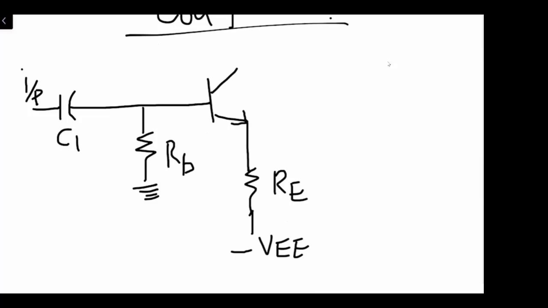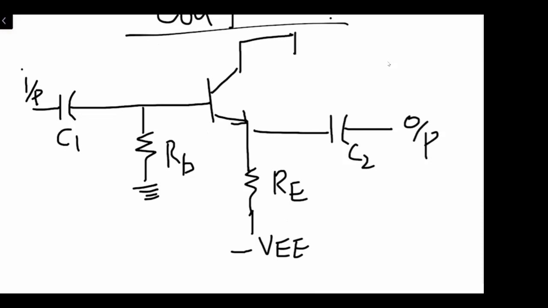And we are taking the output from the emitter of the transistor via capacitor C2. And the collector is being connected to the ground.